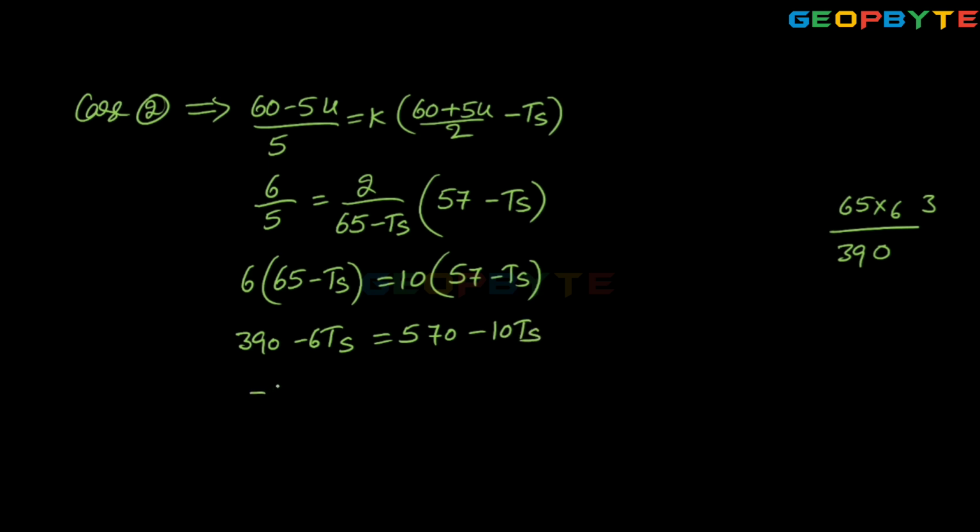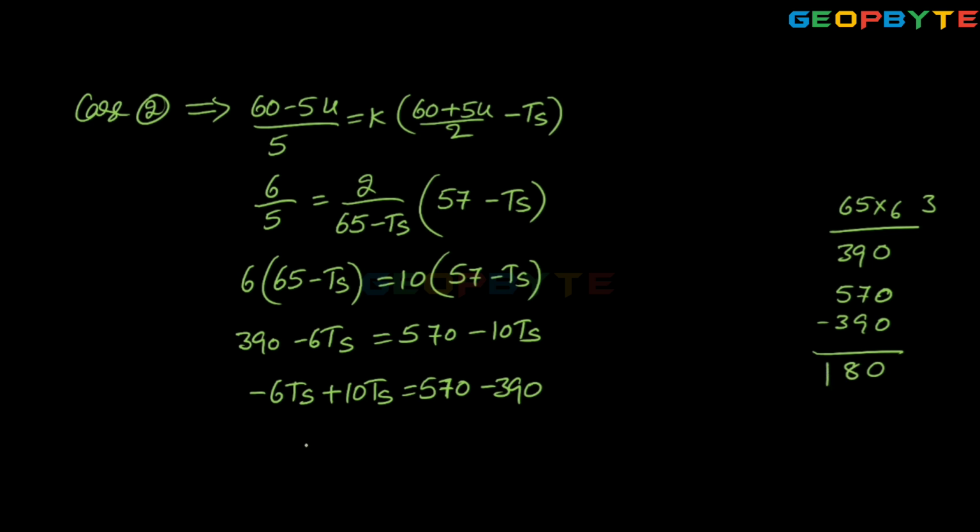From this, minus 6 Ts plus 10 Ts equal to 570 minus 390, which is 180. So 4 Ts equal to 180.